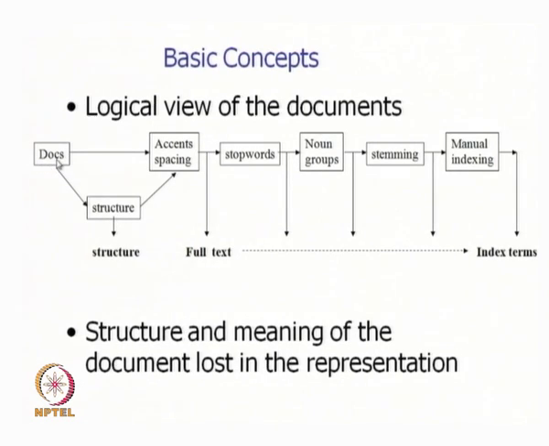The document comes with a structure and meaning. When it has gone through this kind of destructuring, stop word removal, identification of nouns and their consequent stemming, whereby the suffixes are stripped, then what is happening? Then maybe we should say that the document has been stripped down to its essential elements, the elements which are required for presenting to a user a logical view of the document.